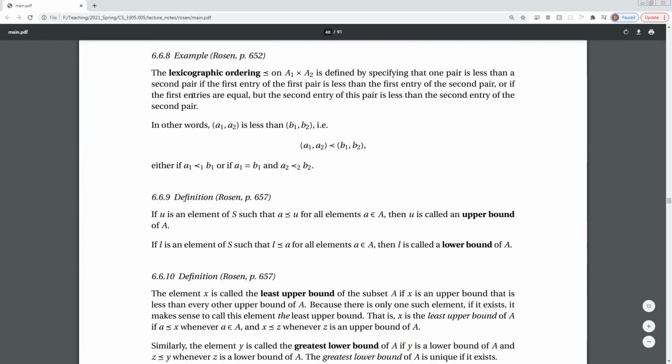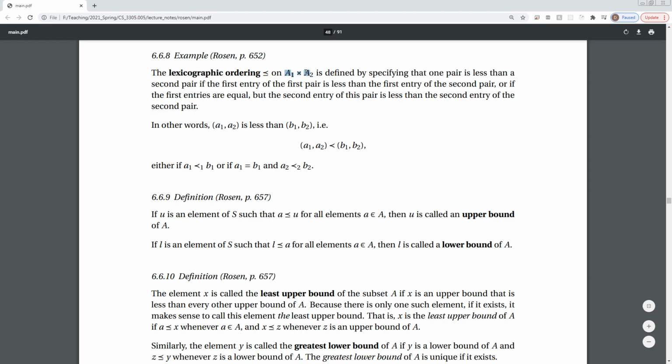Okay, so now going on, an example of something that's totally ordered: the lexicographic ordering relation operator, so we'll say less than or equal to. Lexicographic is just dictionary ordering, or alphabetic.